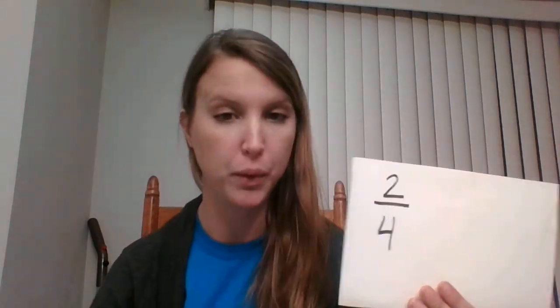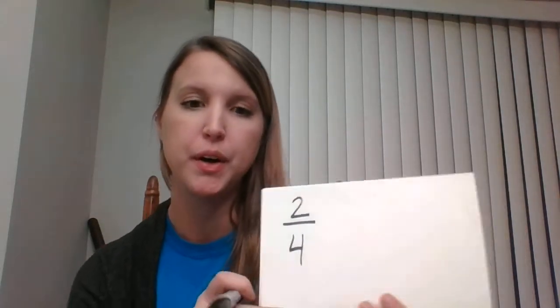So the first fraction we're going to work with is one that we're all familiar with, and we could probably come up with some equivalent fractions pretty easily, is 2/4. So the process for simplifying is pretty simple.